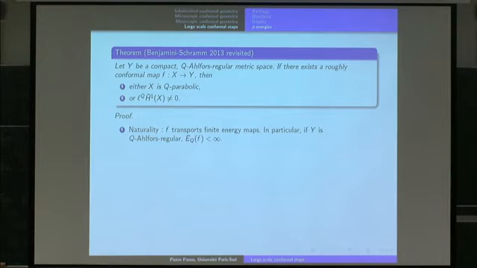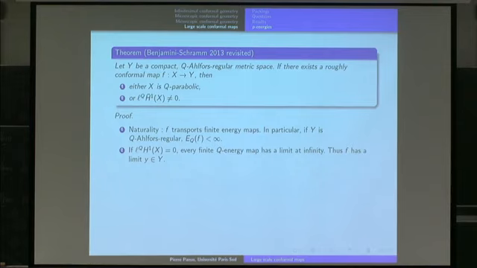And so we apply it to the identity map of an Ahlfors regular space. Think of the sphere, or more generally, of the boundary of a hyperbolic group. So this tells us that the map, the large-scale conformal map itself, has finite energy.